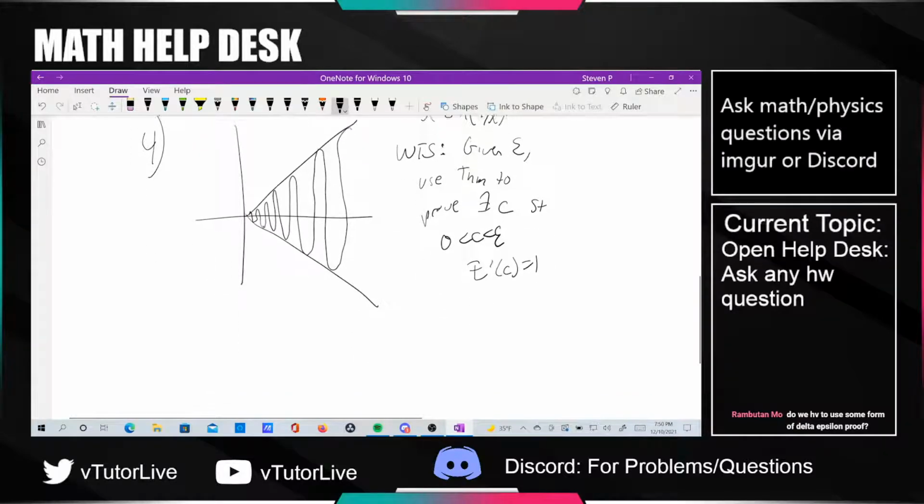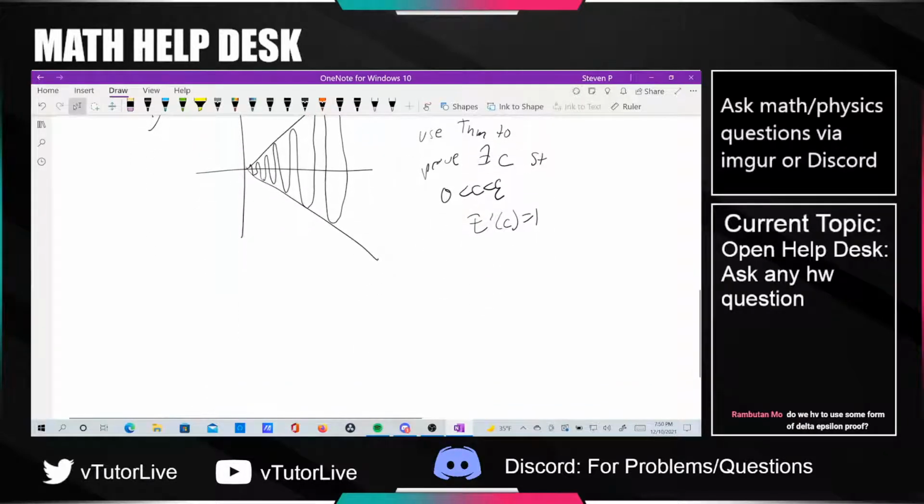And the statement of the theorem, I'm not going to write it all out because it's just too much tediousness. But the thing you got to be careful about is what are your open intervals and what are your closed intervals.